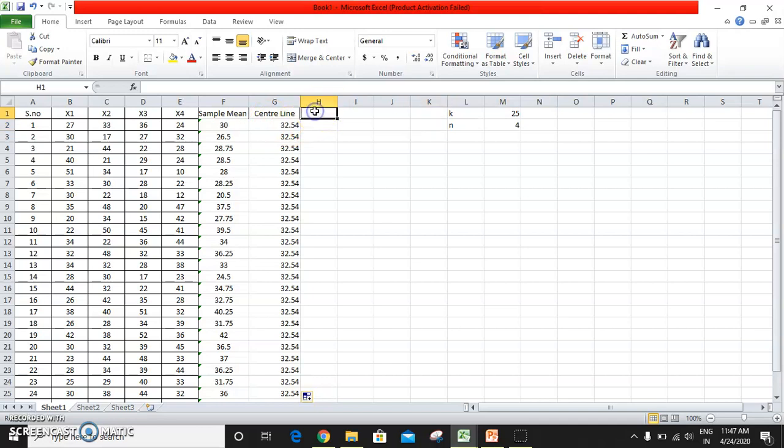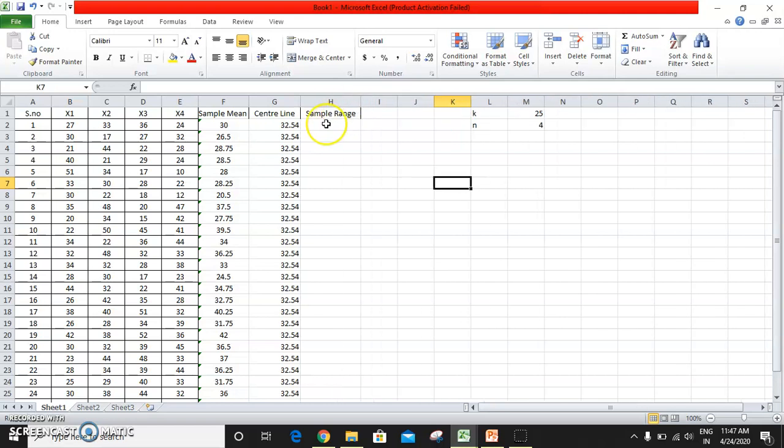Now the next thing here will be to understand the sample range. This is a new step we are introducing here, because we are trying to prepare a control chart for mean using range. We know in statistics how we calculate range: it is the difference between the maximum and the minimum value of the observations.